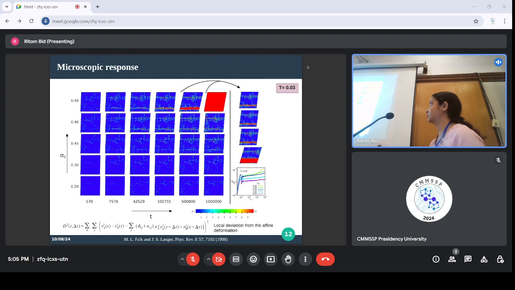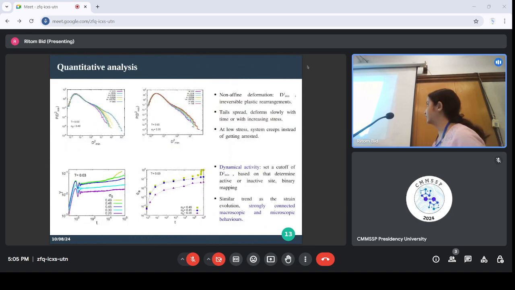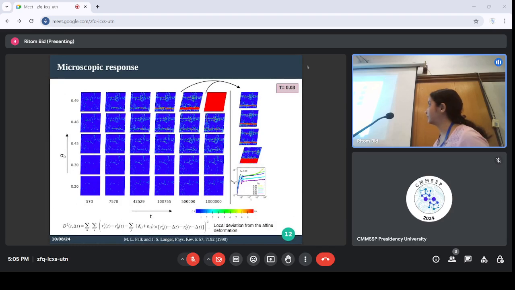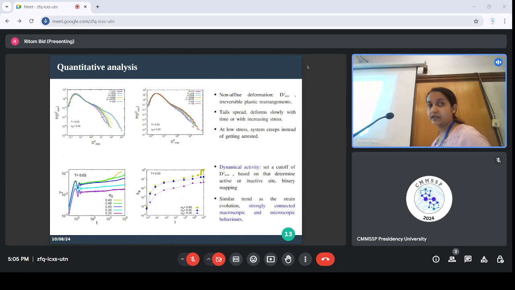Now, from these snapshots, we are not assured whether the number of active sites is constant and only their amplitudes are increasing, or the number of active sites itself increases. So for that, we have checked the dynamical activity. We have set a cutoff and, based on that, done a binary mapping of these snapshots, and the number of active sites has been studied with time, and we found that it increases with time.